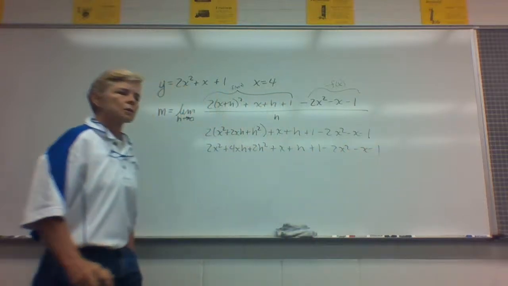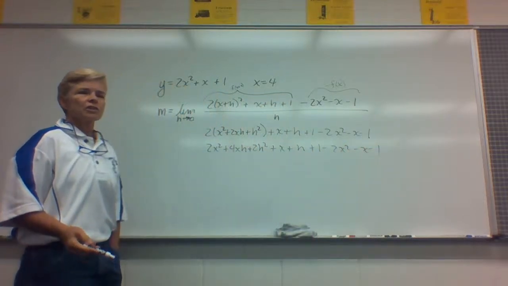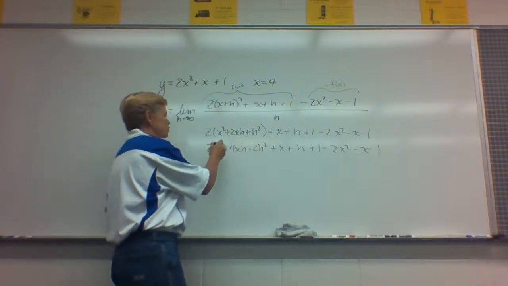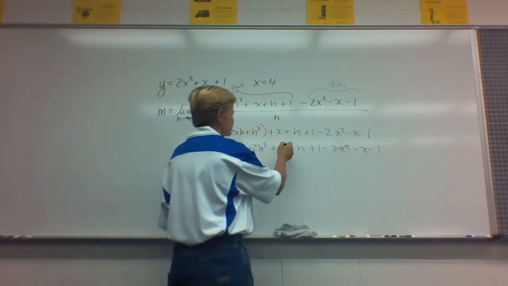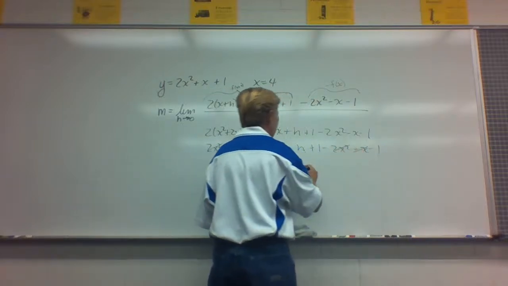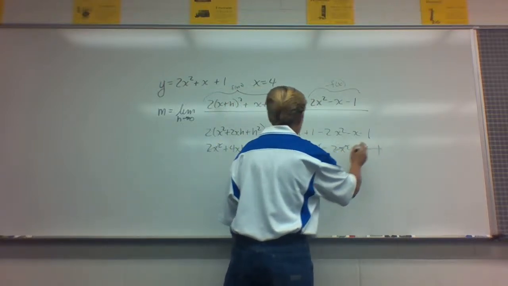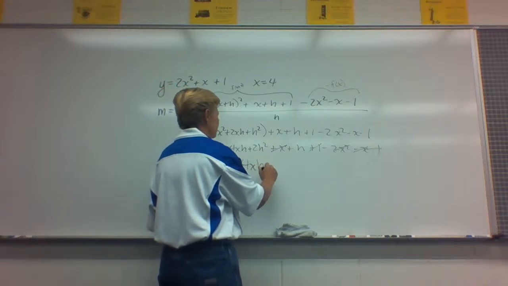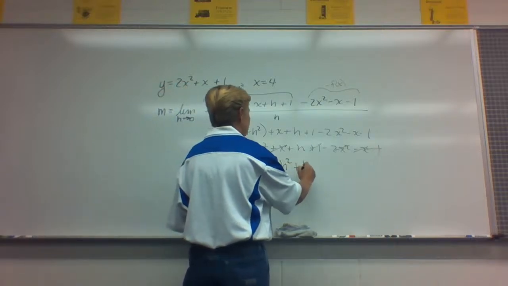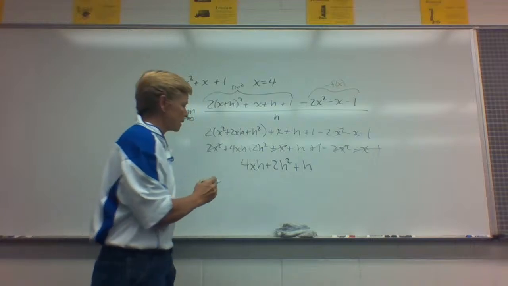The algebra is not hard, just keep track of everything. The 2x squareds add out, as we've learned to expect with polynomials. The x's add out, and the 1's add out. Everything becomes so much easier. So this is what we have now. We have 4xh plus 2h squared plus h left, all over h.